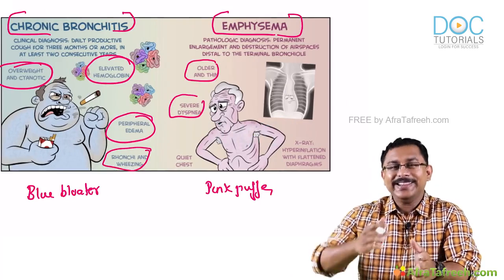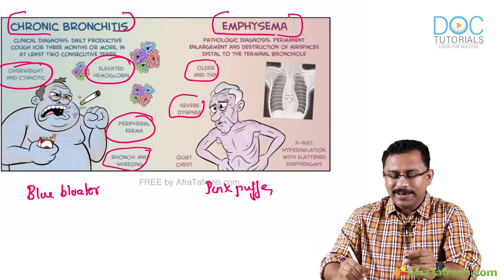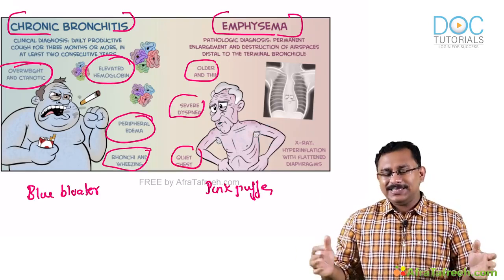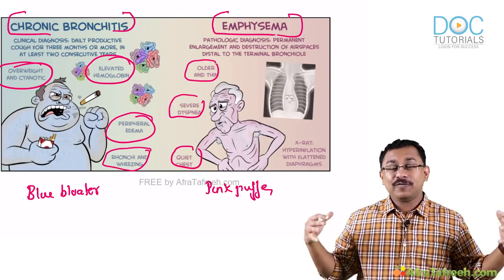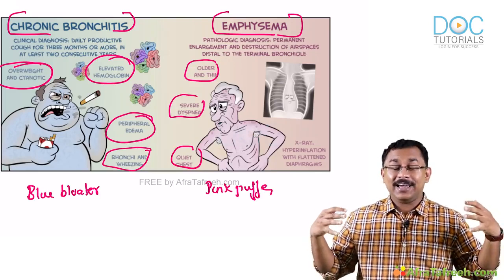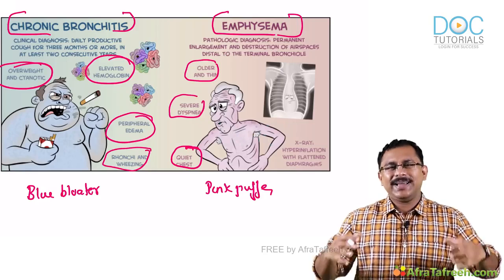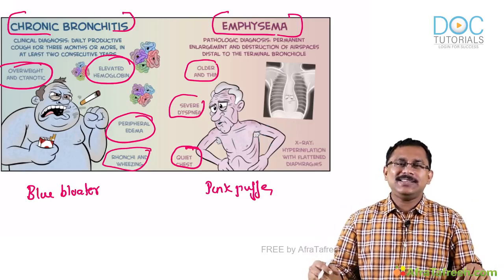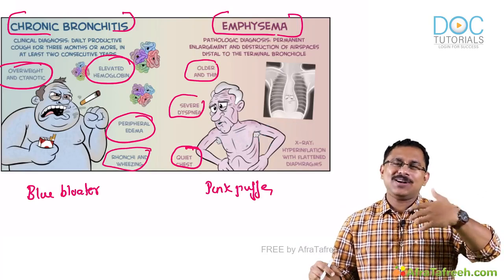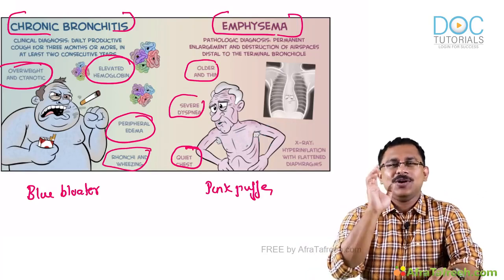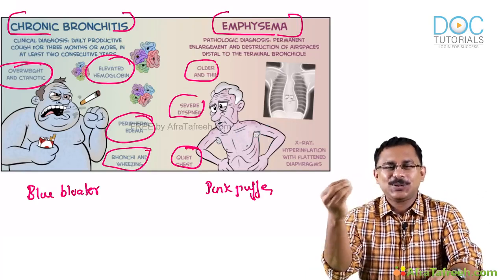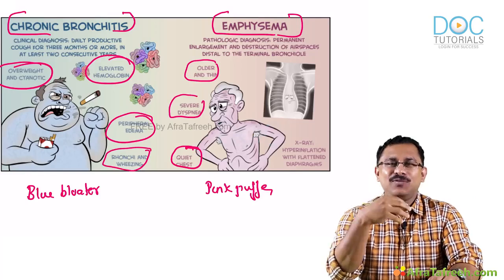He is in the slightly older age group. He is very thin. He has a barrel-shaped chest because more air trapping occurs in emphysema. So he'll have a quiet chest sometimes because of too much inflation. The air is not going to come in and out. For you to auscultate the breath sounds, you should have airflow in the alveoli.